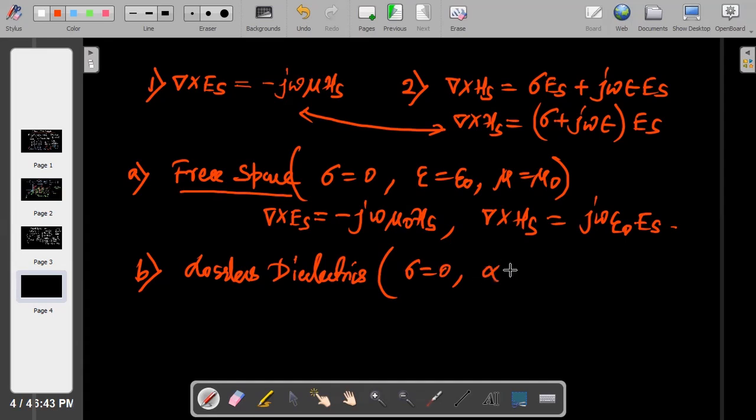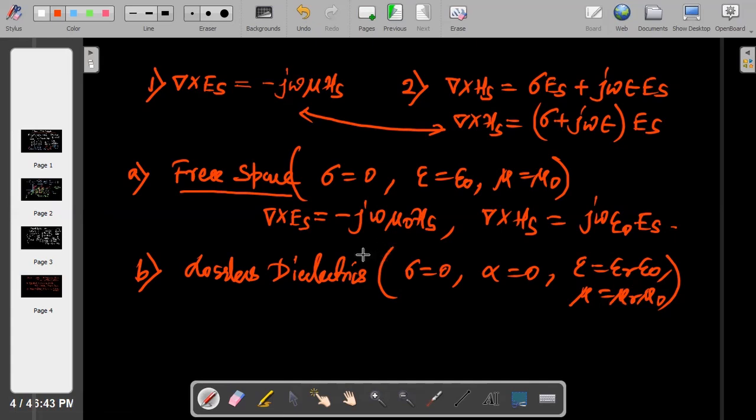Alpha is your attenuation, correct? We will discuss again later. And your epsilon will be epsilon r into epsilon naught. Mu will be mu r into mu naught. Now you know this mu r and epsilon r are nothing but the relative terms, correct? Relative permittivity and relative permeability.